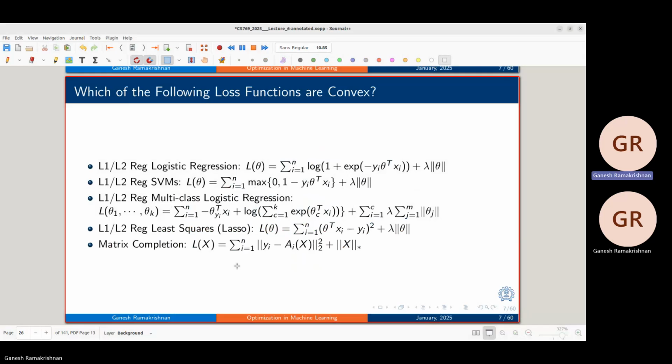Ai's are known, yi's are known. All you're trying to estimate is X. Minimize yi minus Ai X so as to complete X. That's the whole objective, such that X is as simple as possible. Simplicity is measured through the nuclear norm.